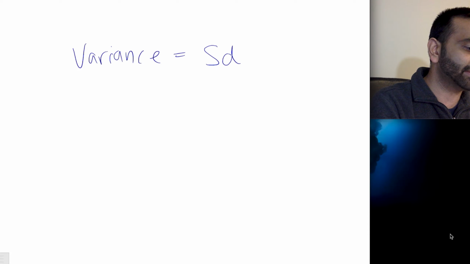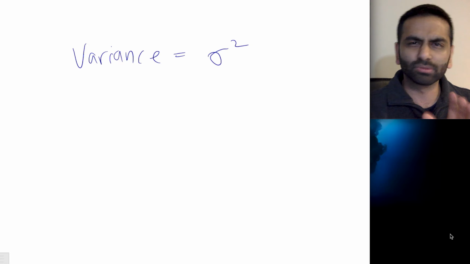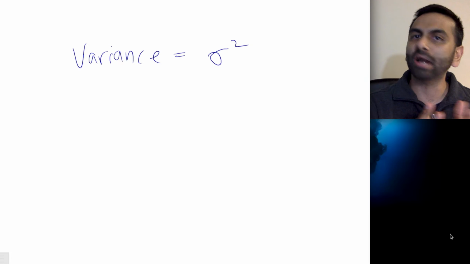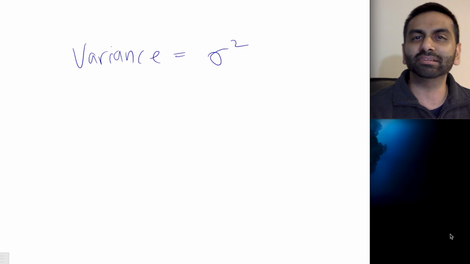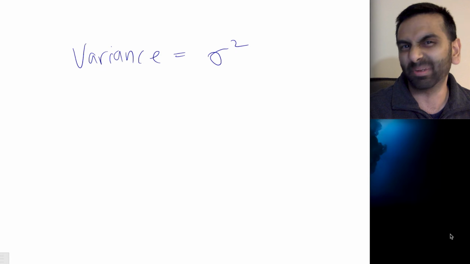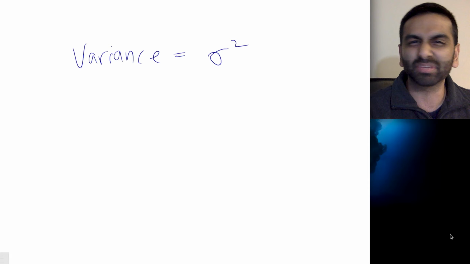A few other measures of spread are variance. Variance is literally the standard deviation squared. So it's literally the standard deviation that we just found squared, which literally just means do the same process, except don't worry about the square root at the end. So the variance doesn't really have a practical interpretation because the square messes up the units.